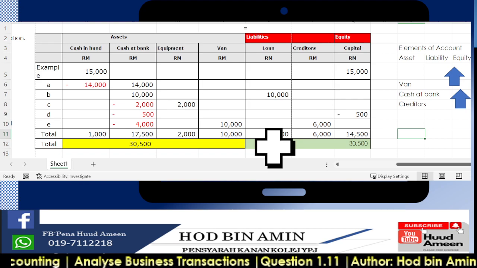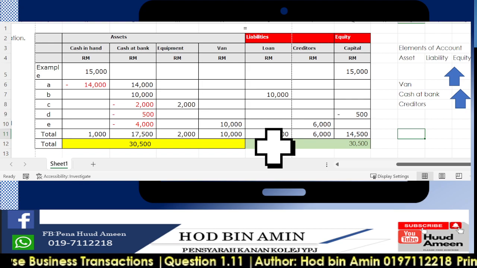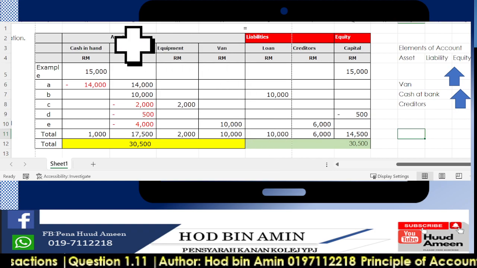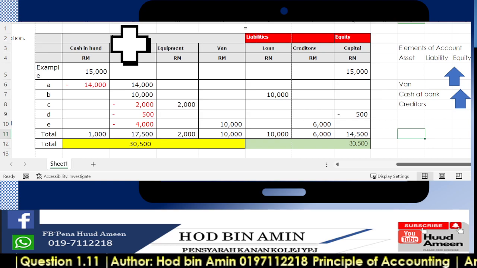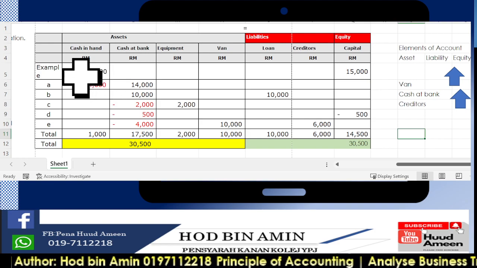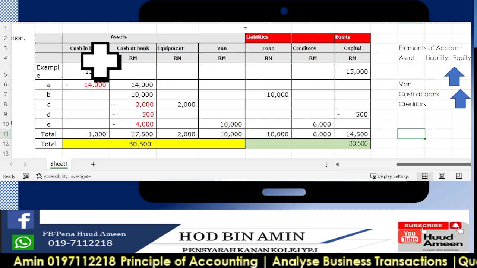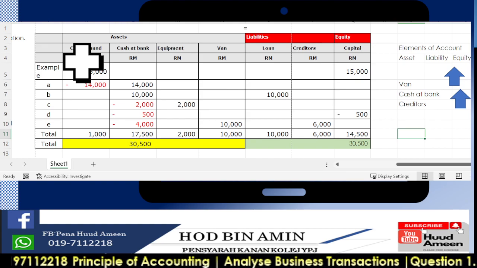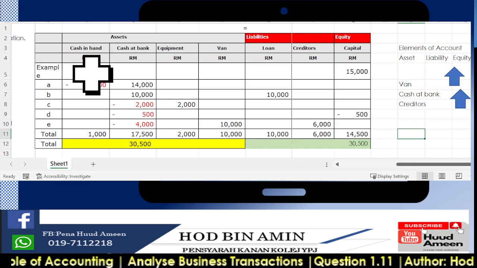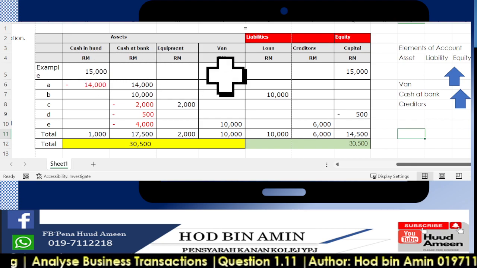So now we have already solved the question, and I summarize: assets equal liabilities plus equity, and then we have to identify the accounts accordingly. From this question we have cash in hand, cash at bank, equipment, van, loan, creditors, and capital.